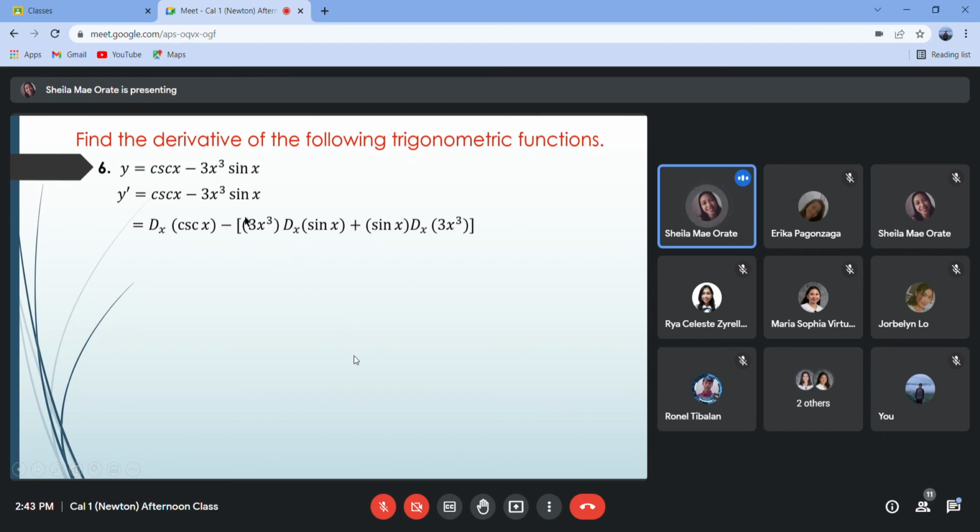Una atong buhaton kay i-simplify ang product rule. Ang atong pangitaon kay derivative ni sin x ug derivative ni 3x cubed. So derivative of sin x is cosine x, derivative of 3x cubed is 9x squared. Ang gamiton kay constant multiple rule and the power rule. Bring down si 3, that's 3 times 3, that's 9x squared.